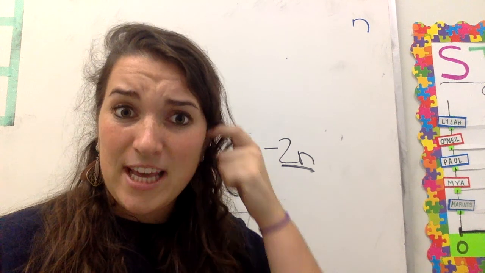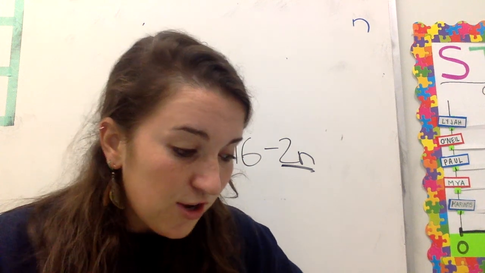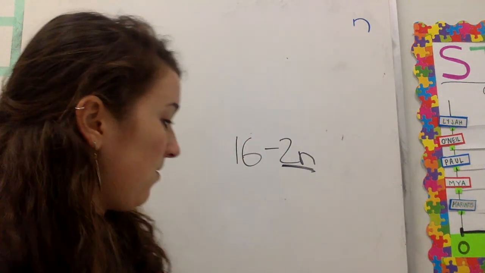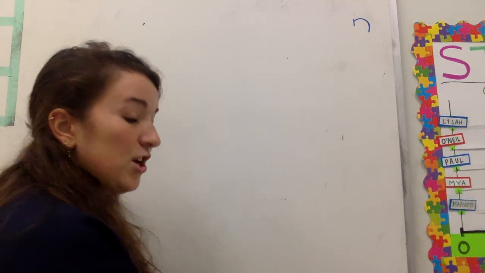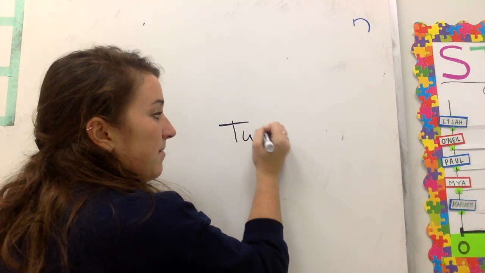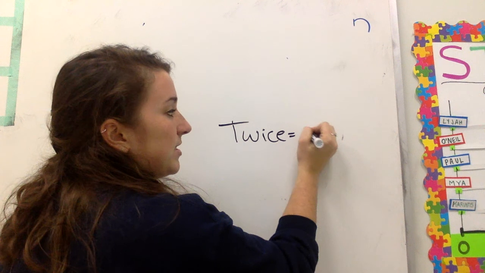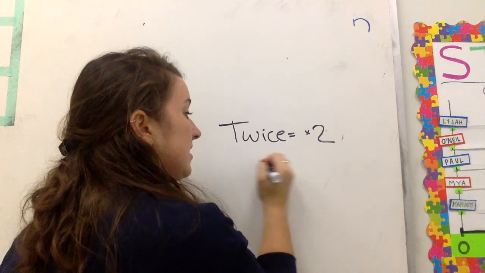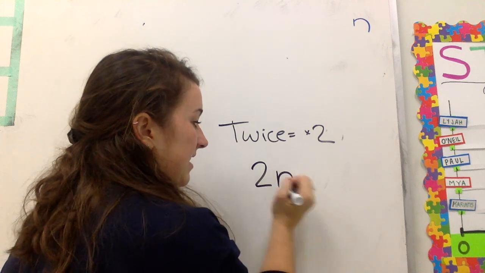If you didn't, let's think about it right now. It says twice a number n subtracted from 16. I already know that with my multiplication, twice a number n, some of you might have gotten a little bit confused with this, twice equals times 2. That means multiply by 2. So twice a number n is 2n.